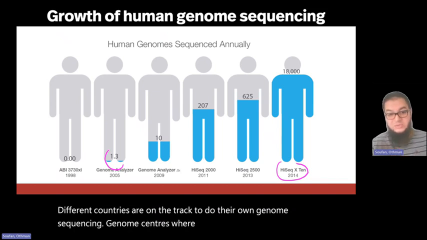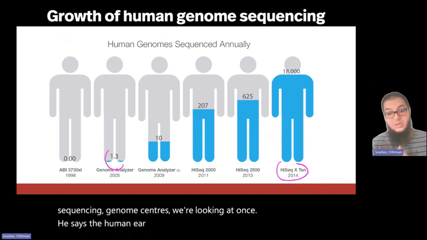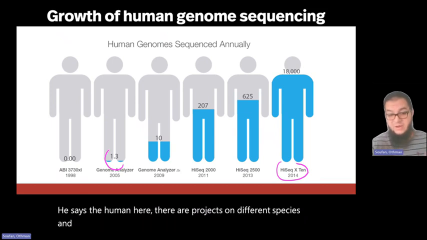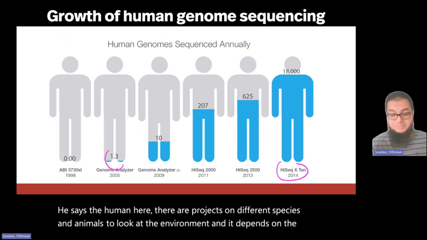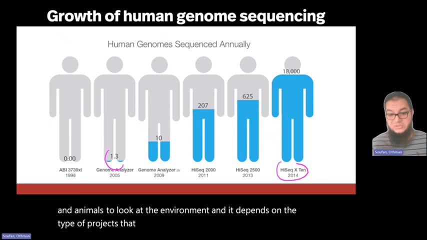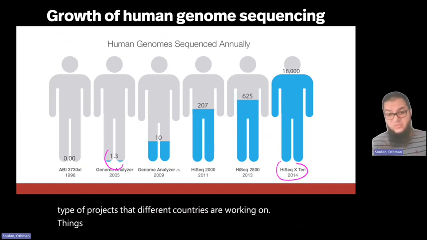We're looking at one species, the human, here. There are projects on different species and animals to look at the environment, and it depends on the type of projects that different countries are working on. Things sometimes related to food, for example.